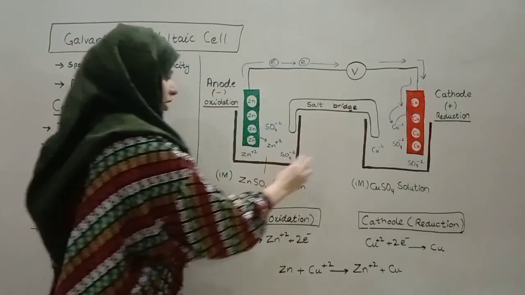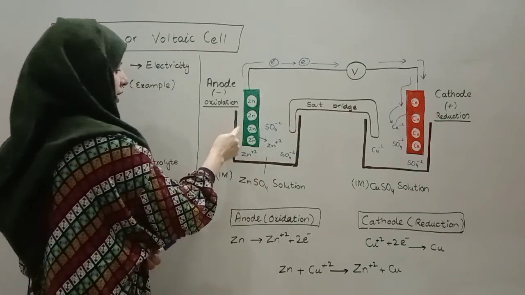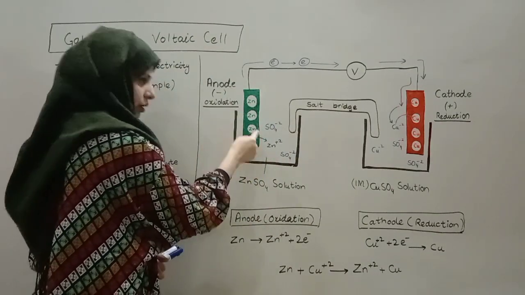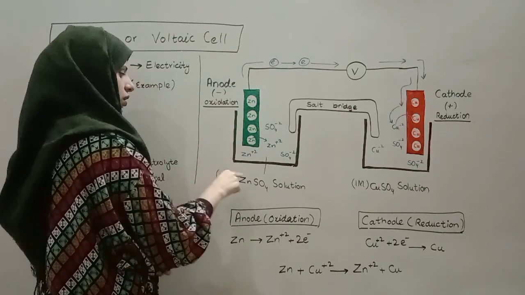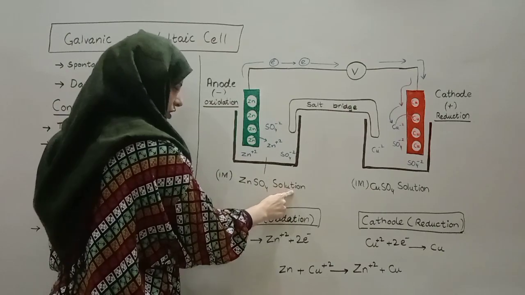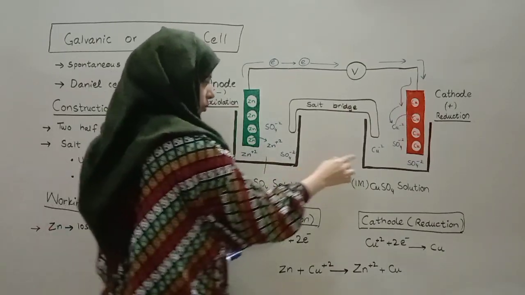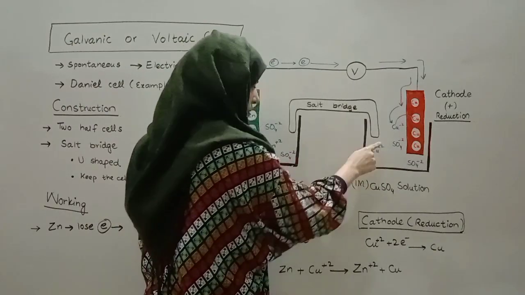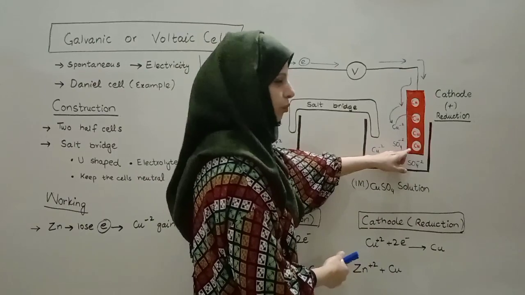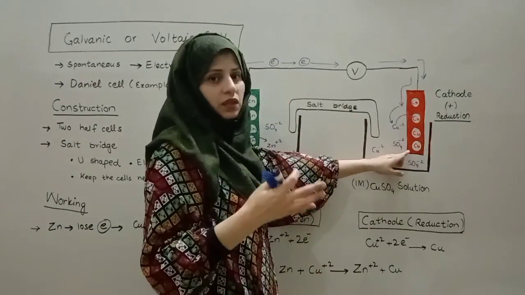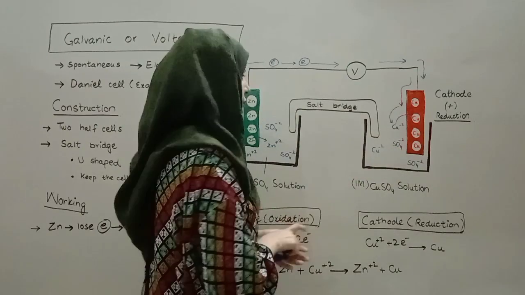Basically, there are two half cells. One half cell contains an electrode of zinc metal dipped in its own salt, a 1 molar solution of zinc sulfate. This half cell contains an electrode of copper metal dipped in a 1 molar solution of copper sulfate.